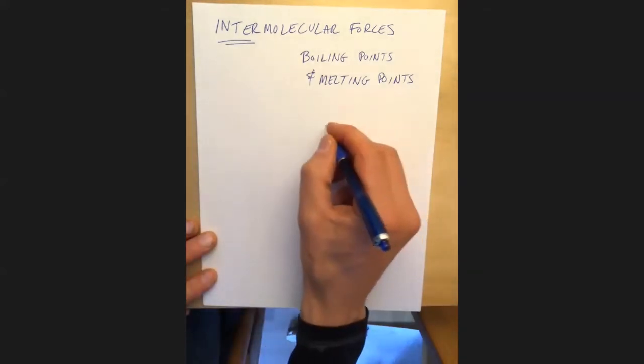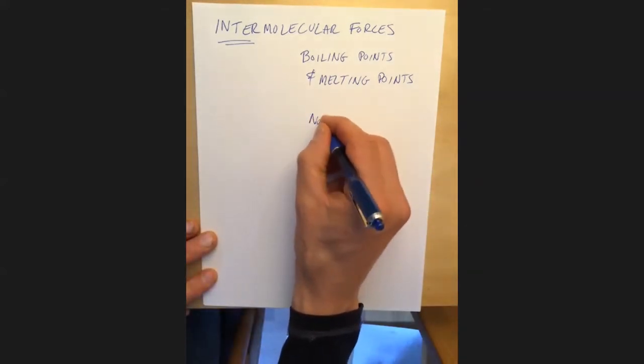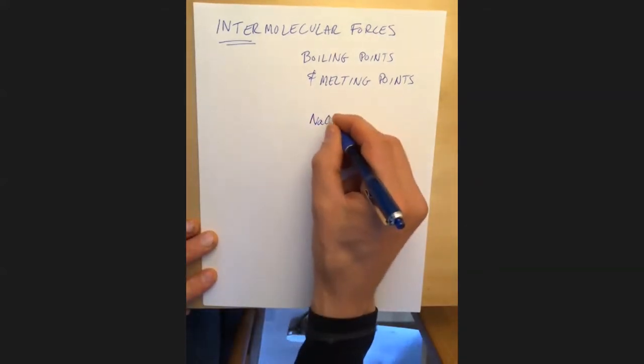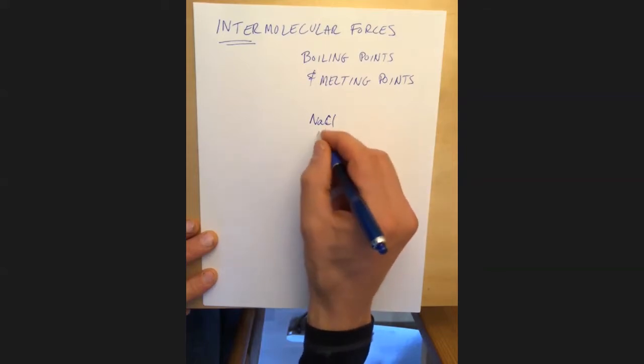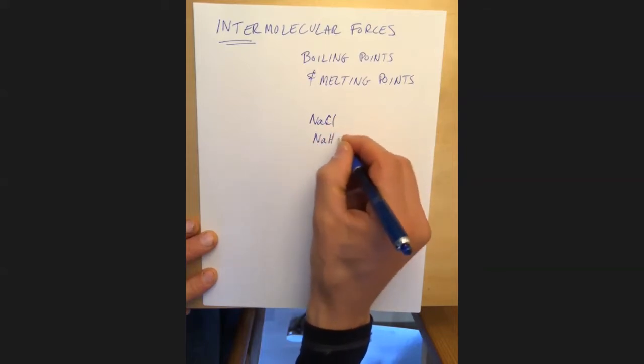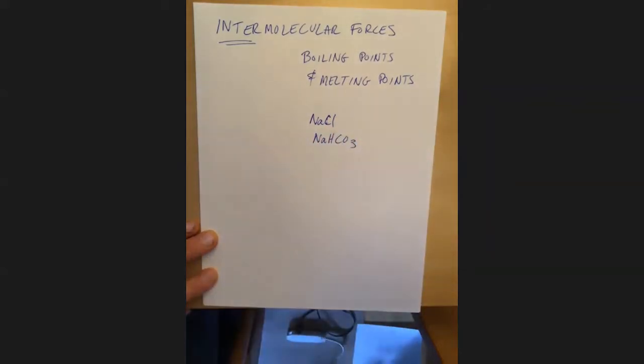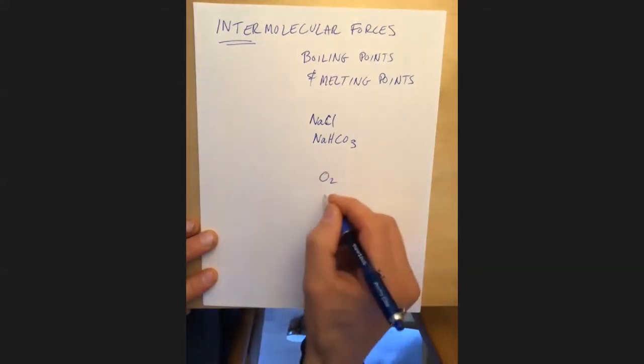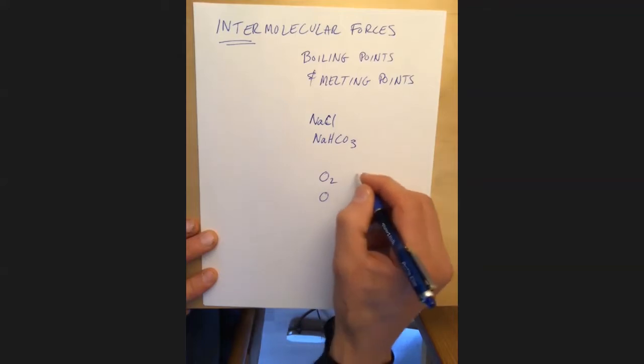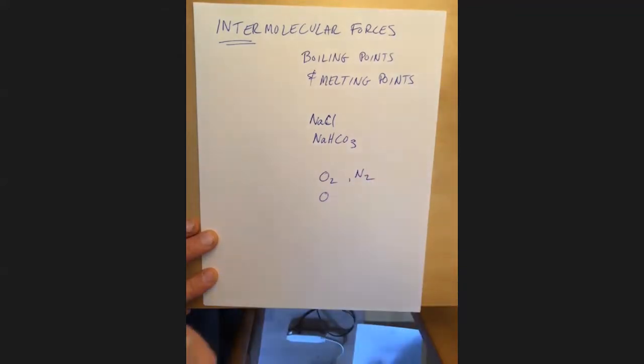I just want to remind you of some of the different compounds that we saw on that day. For instance, I had some sodium chloride, and I think I had some baking soda, sodium bicarbonate, sodium hydrogen carbonate. The container was actually already filled with some oxygen and some nitrogen.